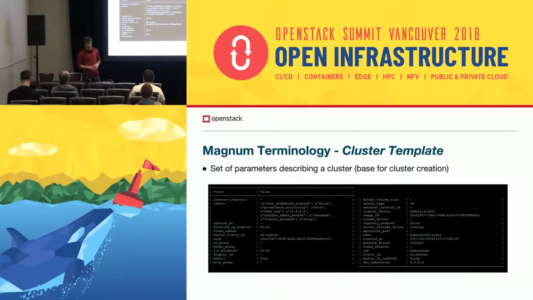The clusters are described by what we call a cluster template that defines things like which engine should be used, Kubernetes, Swarm, Mesos, what size the masters and nodes should have, which version of the engine you want to use, and many others. There's a lot of configuration. If you go to the documentation, there's a large amount of options you can use to define your templates.